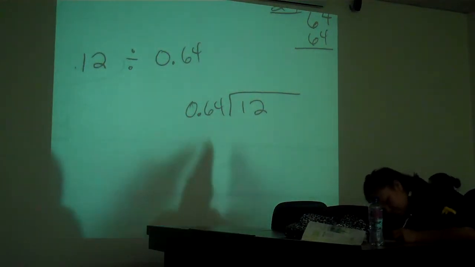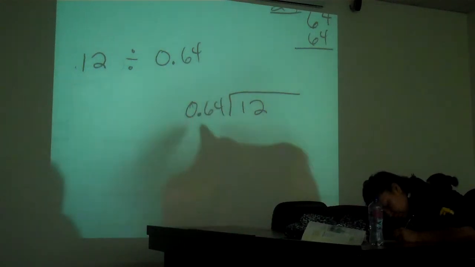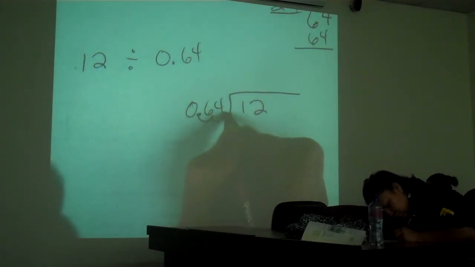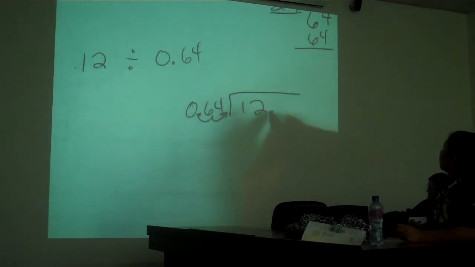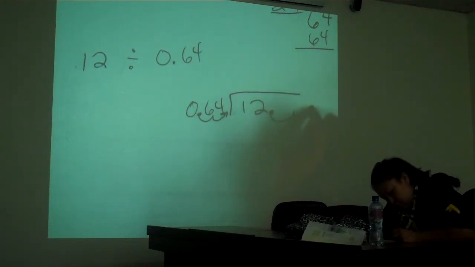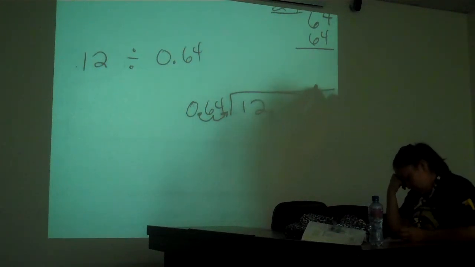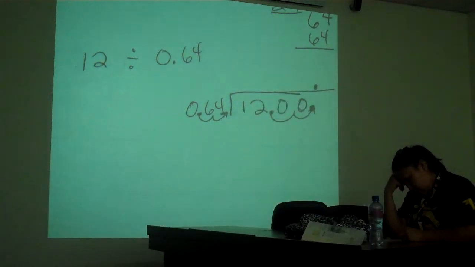Okay, we have to move this to make it a whole number. If we have to move this twice, what do we do inside? Move it twice. If there's no decimal, it means it's at the end of the number. So it's here, we need to move it 2 times. Move that decimal up into our answer. Don't forget to put the zeros here for the spaces.